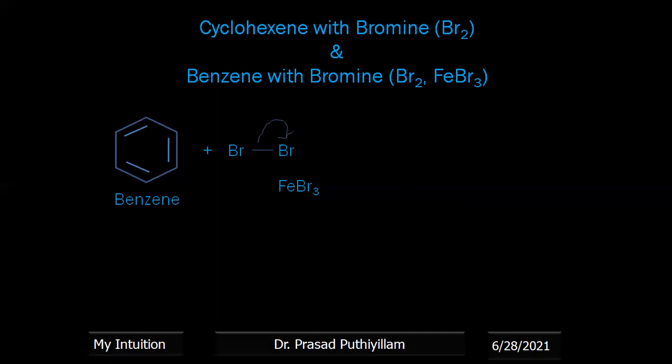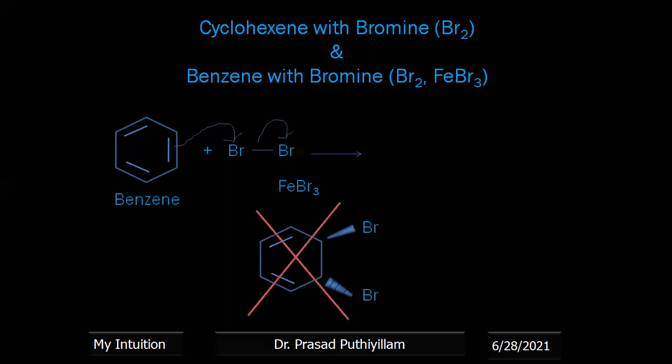The bromine-bromine bond undergoes polarization in presence of FeBr3. Then the first Br, which is written here, will be positively charged, so that the electron density will go there. If you compare with cyclohexene, we are supposed to get a product like this, but actually this product is not obtained in practice.